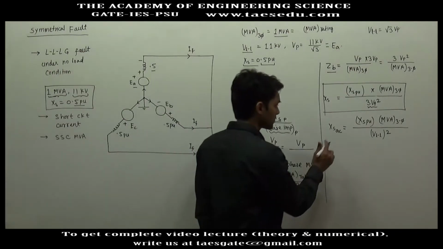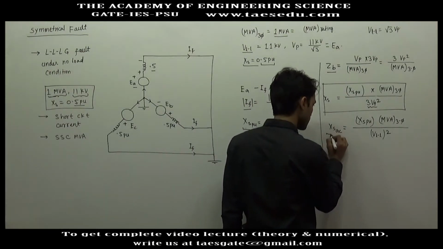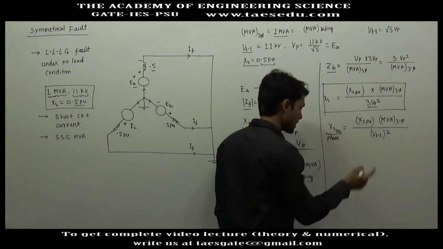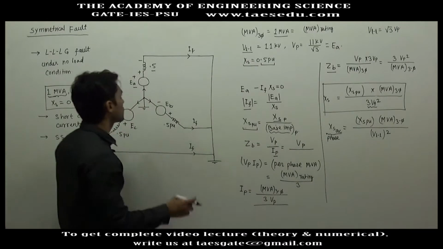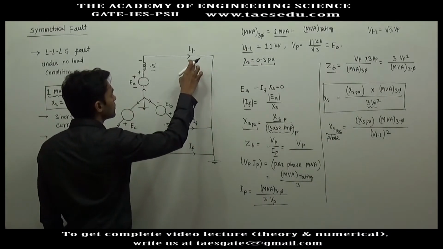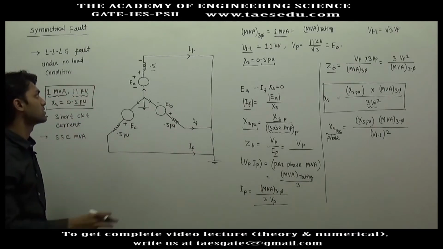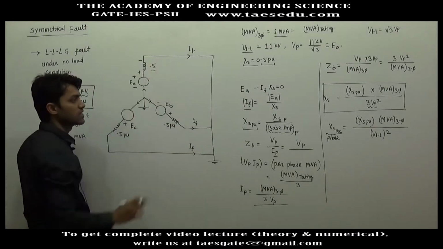And what is this? XS is phase impedance. We always calculate phase impedance. There is no impedance connected in between lines. We will always have a phase impedance.